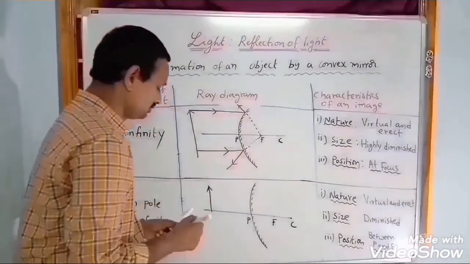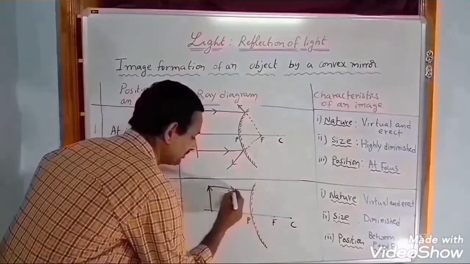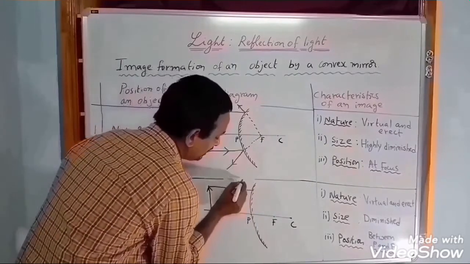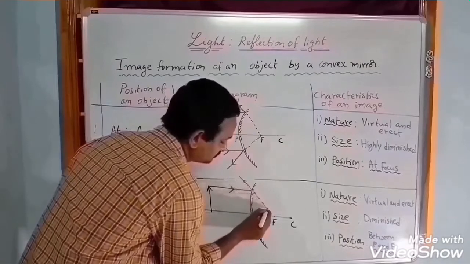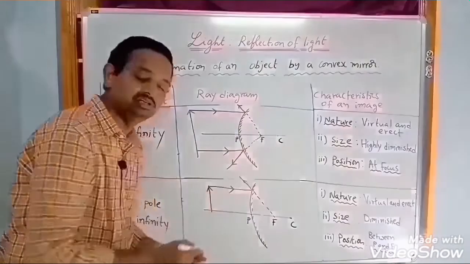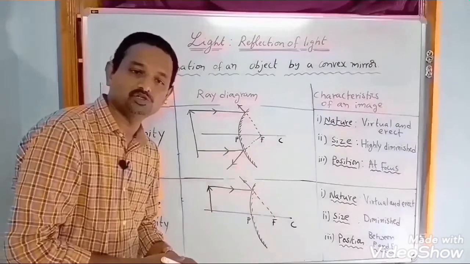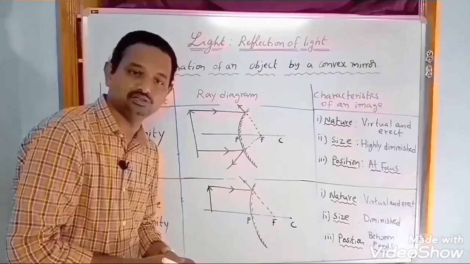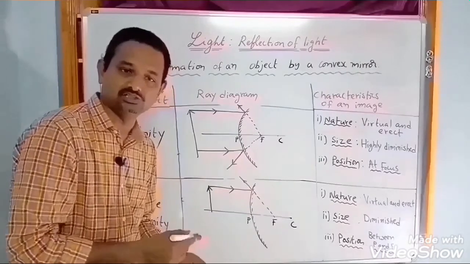First rule: when a light ray passes parallel to the principal axis of a spherical mirror, after reflection it appears to come from the principal focus. For the second ray, I will take the third rule, that is, when a light ray appears to pass through the center of curvature of a convex mirror, after reflection it will retrace its path.